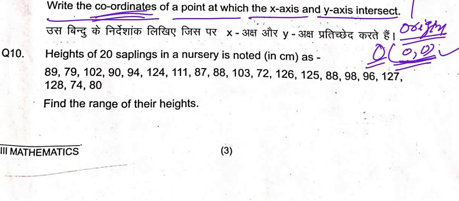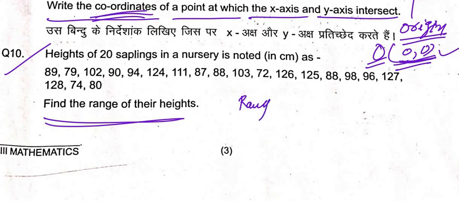Now moving to question number 10. What is given? Heights of 20 saplings in a nursery are noted in centimeters. The question is: find the range of their heights. As you know, range is equal to the maximum, that means the highest value, minus the lowest value.